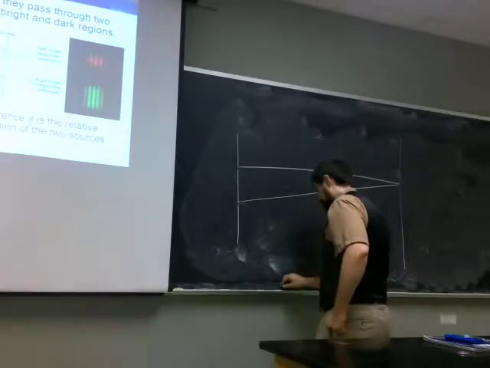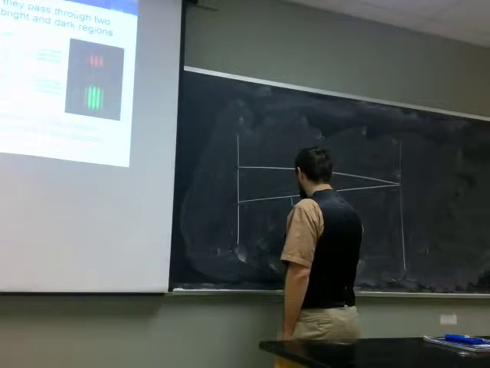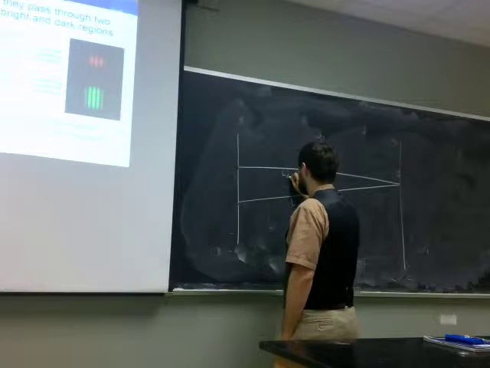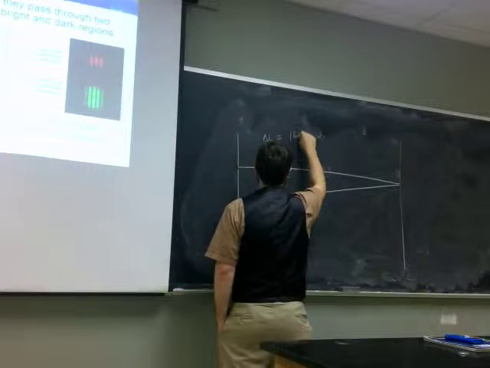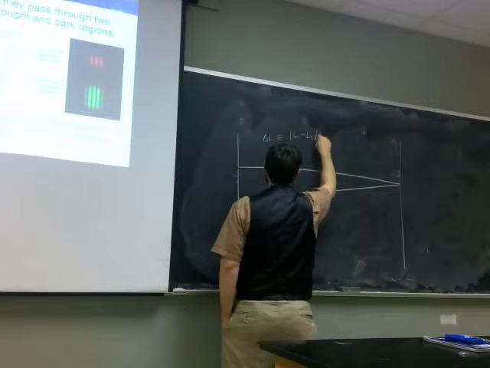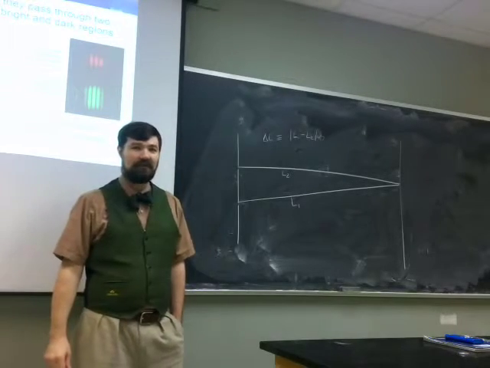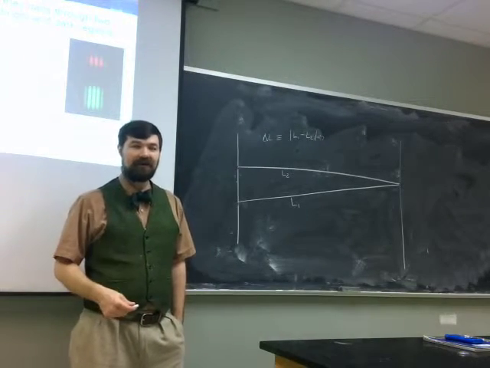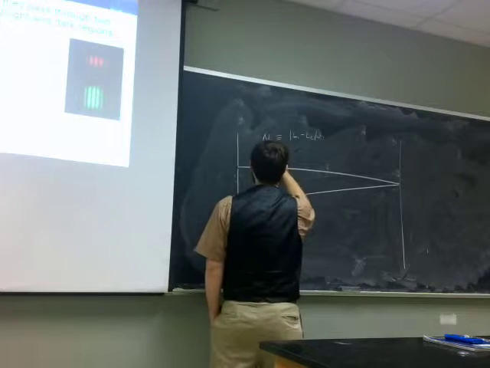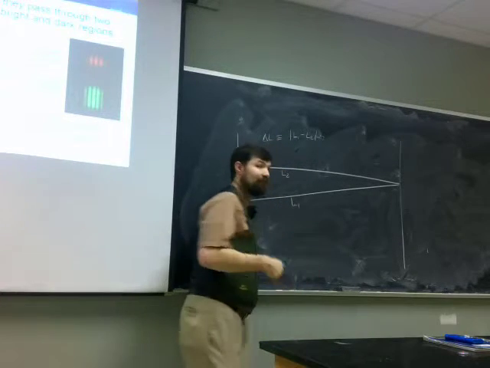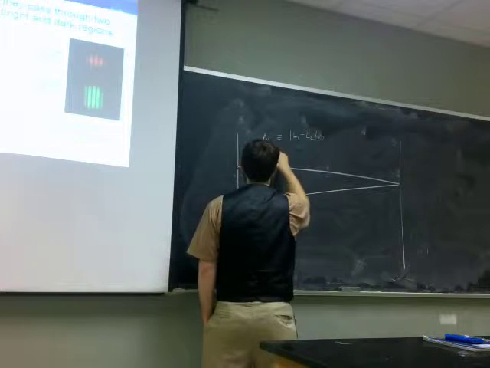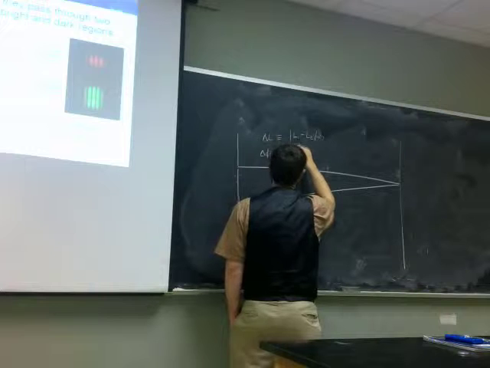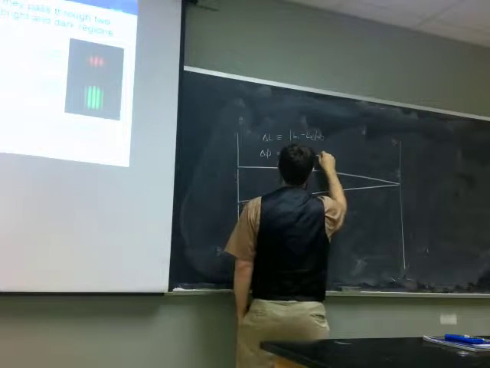So mathematically, that might look like this. We could call this L1, we could call this L2, we could say that delta L is defined as the difference between L1 and L2 that is passed through. And the thing that we care about is what's sometimes called a phase angle, delta phi, and that would be delta L divided by lambda times 2 pi.